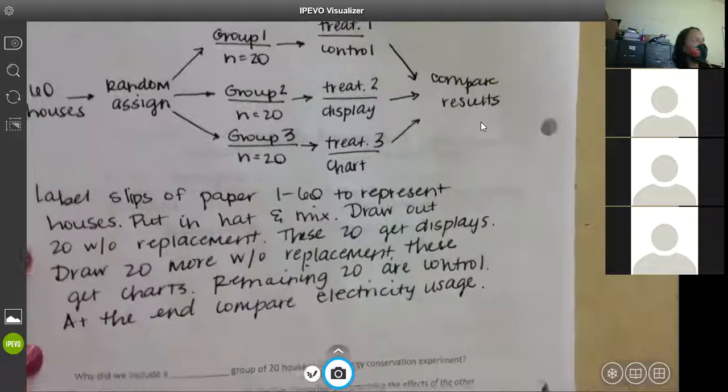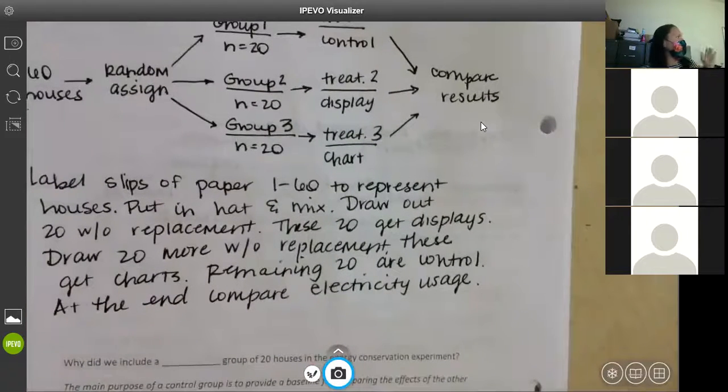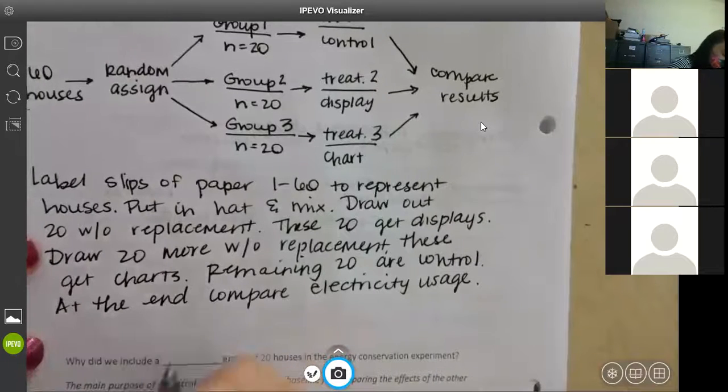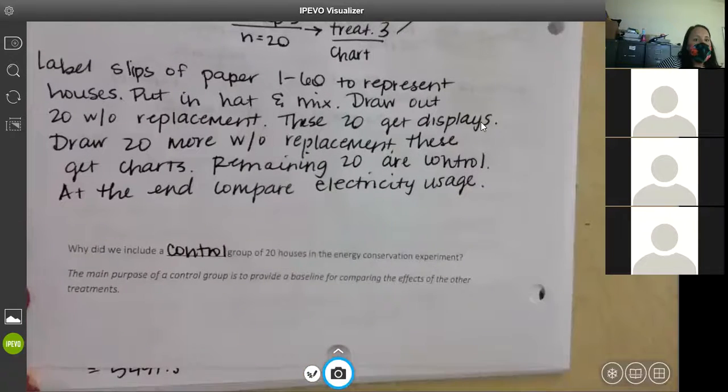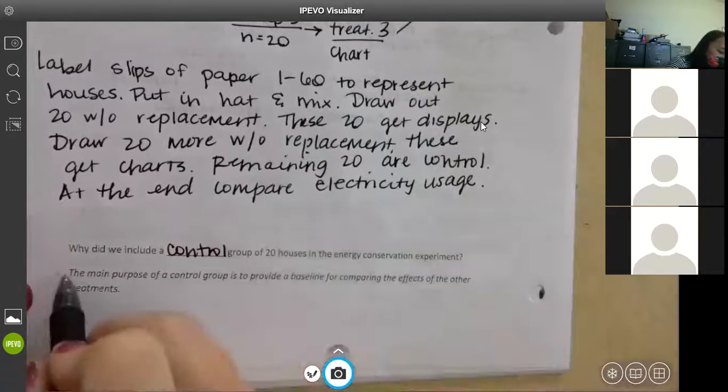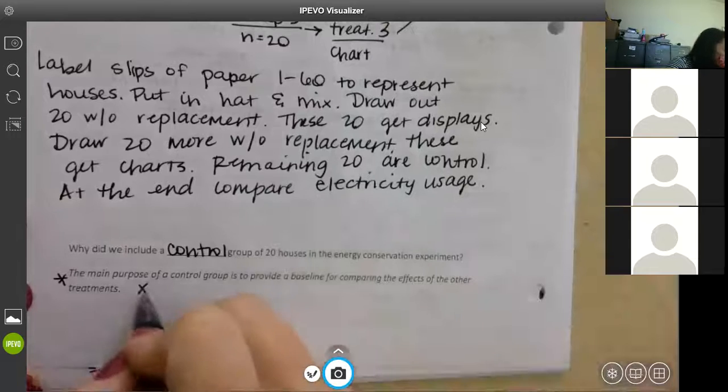That's it. So once you draw it, just write what you do. And the random assignment is the worst part of that, okay? Why did we include a control group of 20 houses? Because the main purpose of the control group is to provide a baseline for comparing.